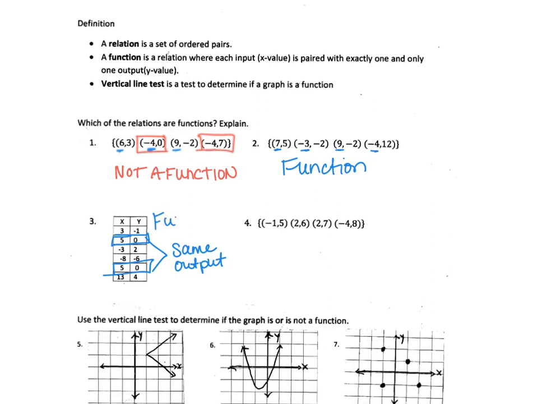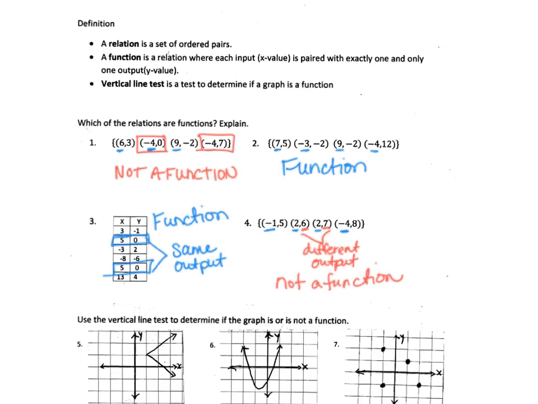So this is a function. Looking at number 4, inputs are -1, 2, 2, and -4. Do you think this is a function? No, this is not a function because we have two separate outputs.